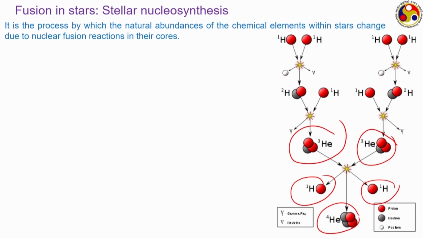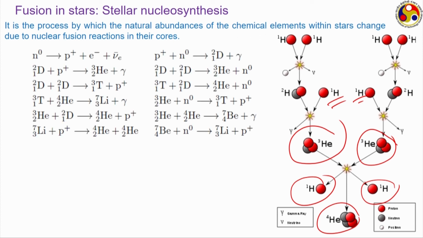So, we started with 4 protons, and also added 2 more, the final product being helium 4. This particular process is called nucleosynthesis, and when it happens in stars or those kinds of extraterrestrial bodies, we call it stellar nucleosynthesis.